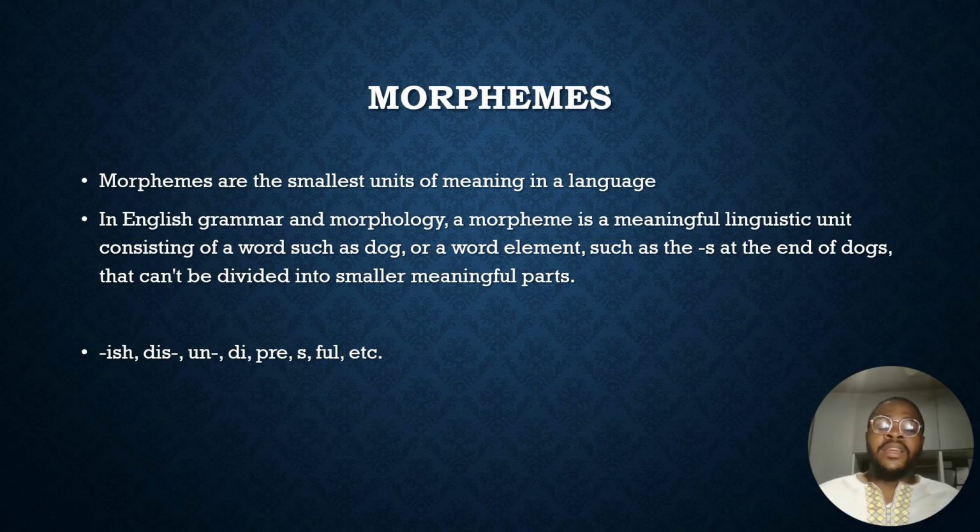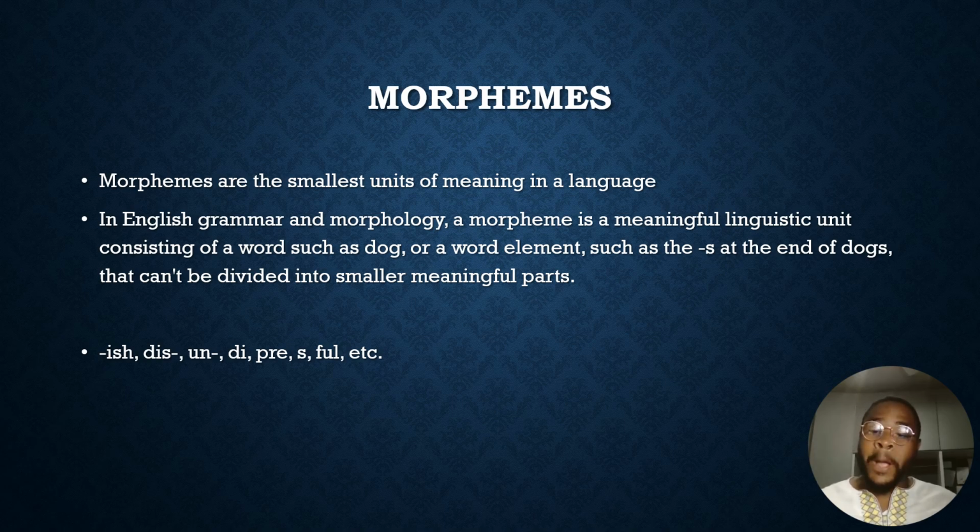Now, those are the different kinds of morphemes that we have: the ish, the an, the de, the press, the s, the full, etc. When we add them to a word, it either makes it plural or it changes the context of the word.